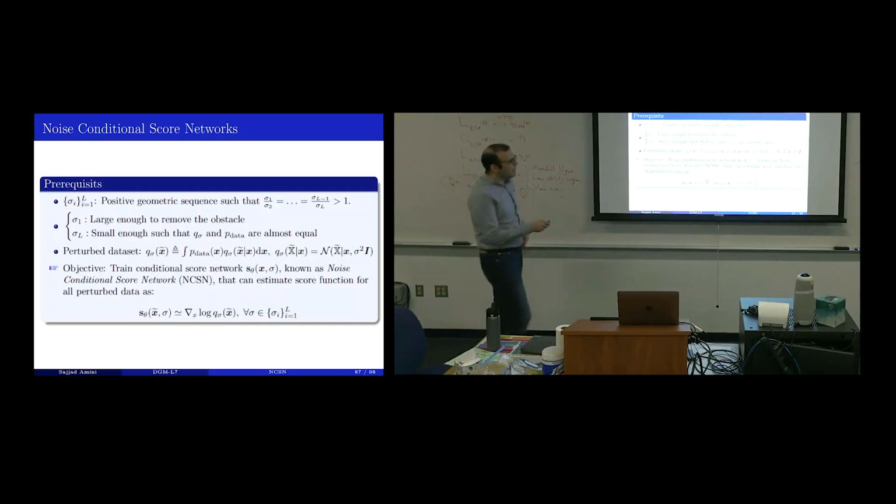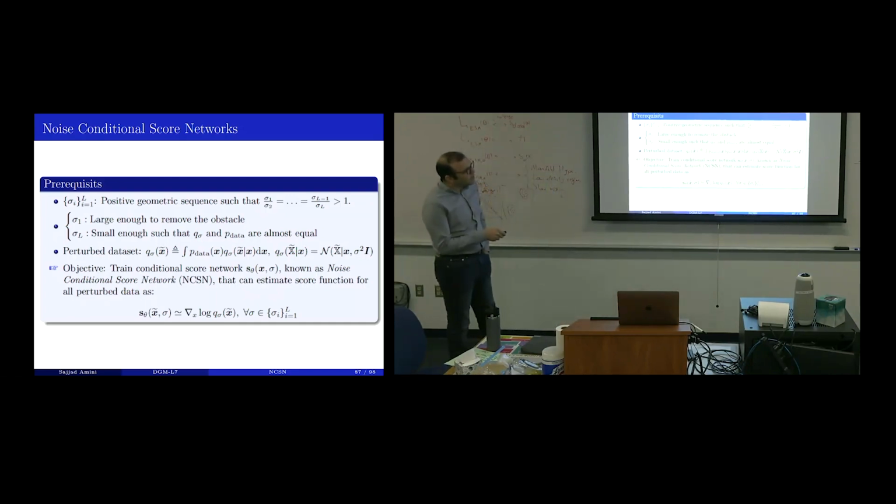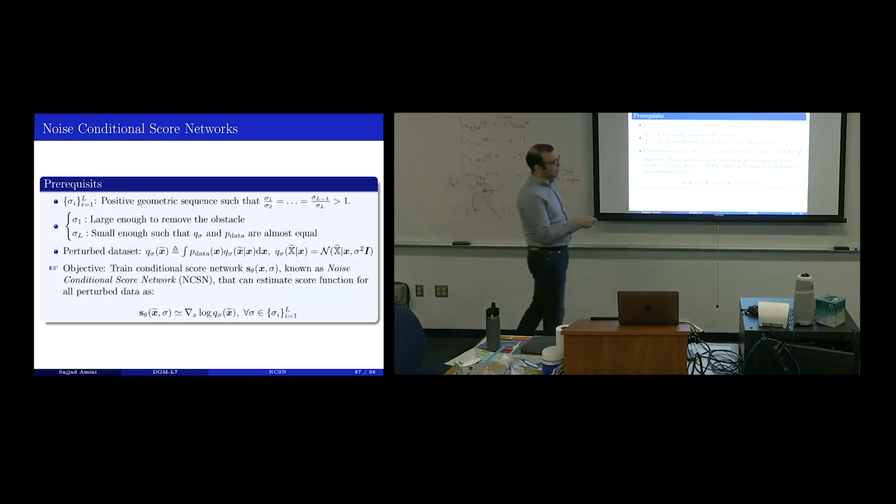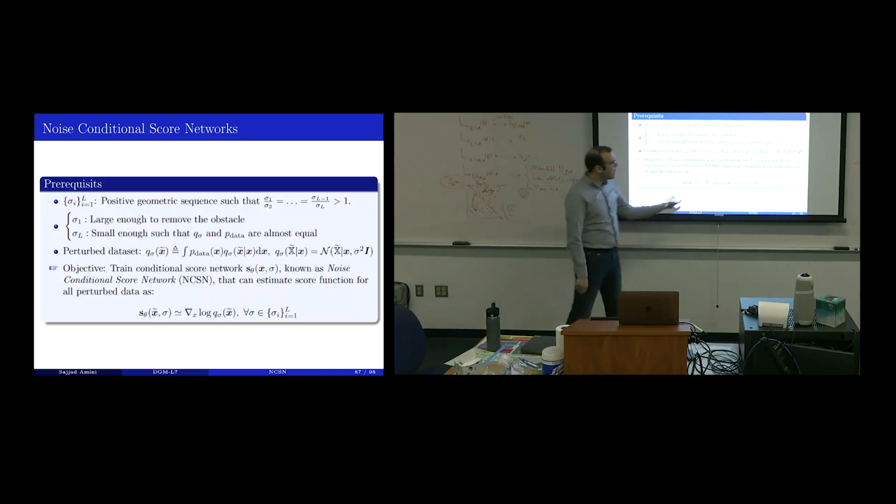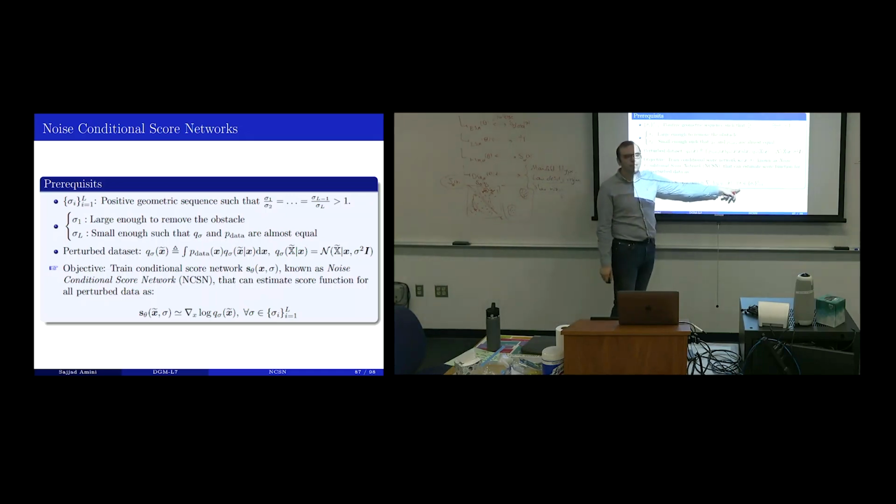To train a noise conditional score network, we train a function s theta of x and sigma, which is the name of this method. This function can estimate the score function of the noisy data at each level of sigma.